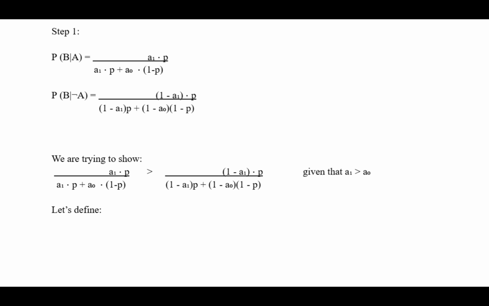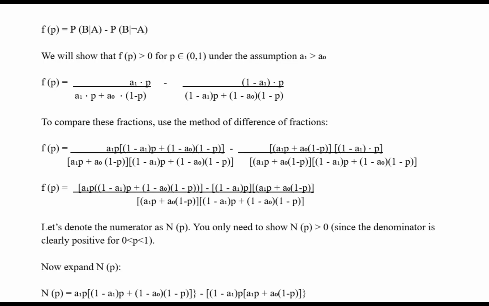So let's go ahead and define f of p as the probability of b given a minus the probability of b given not a. And so we will show that f of p is greater than 0 for all p's that fall between 0 and 1 under the assumption that a1 is greater than a0, right?